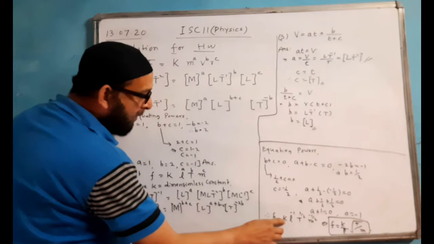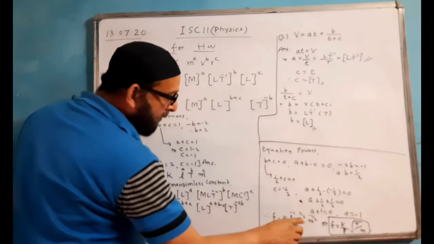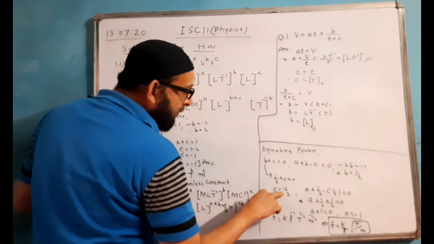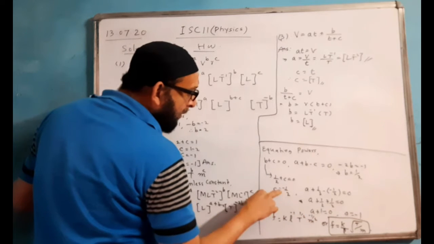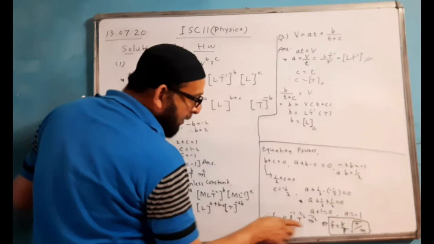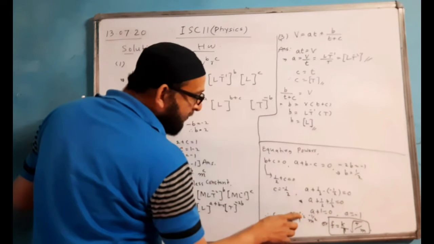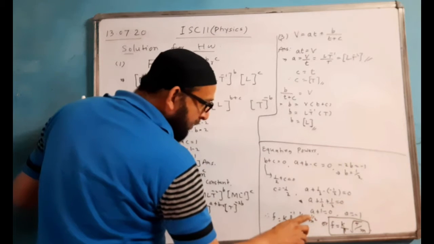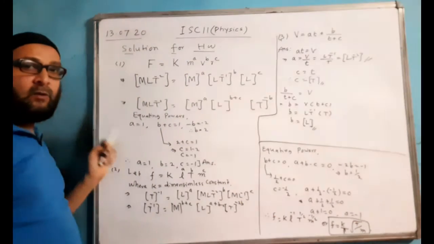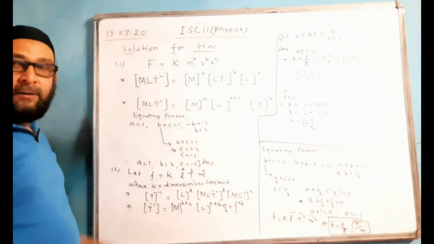So F is equal to K, L to the power minus 1, the value of a. T means tension, power is b, half. And M is mass per unit length, power is minus half. Ultimately the formula becomes K by L, root of T, and minus half means again root but in the denominator. This is the solution for the second homework.